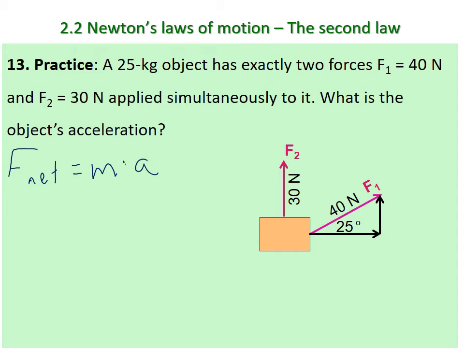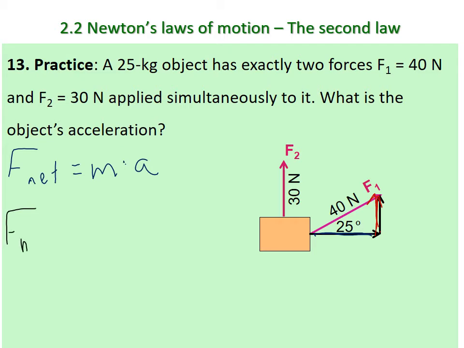But notice that this F1 has a component of force in the x direction, the horizontal direction, which is right here. And it has a component of force acting in the y direction, the vertical direction. So to get the net force, when we have forces acting in two dimensions, we need to do some Pythagorean theorem.